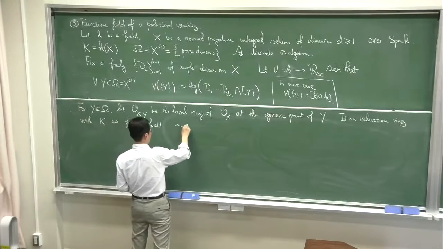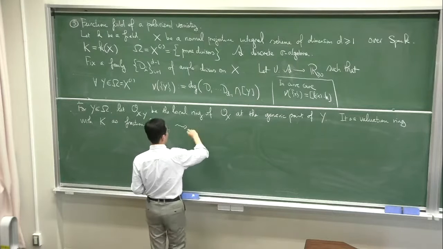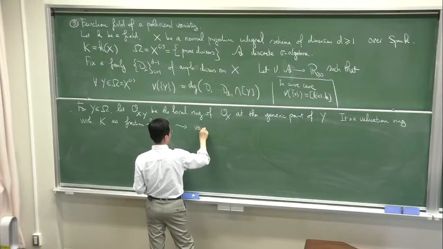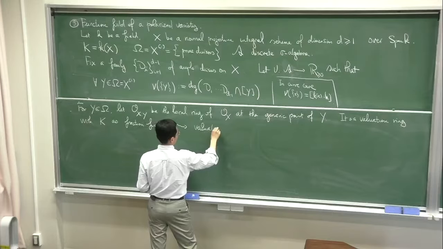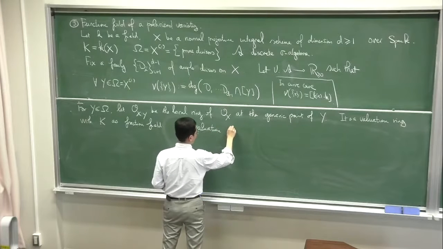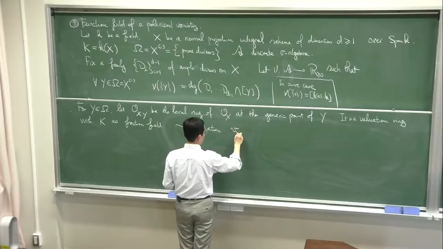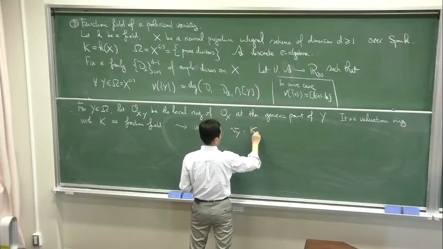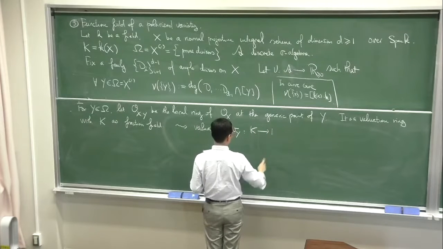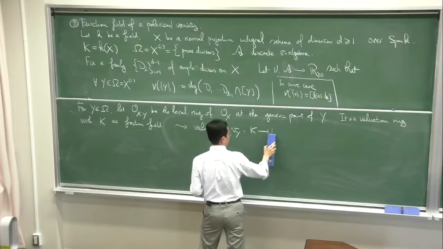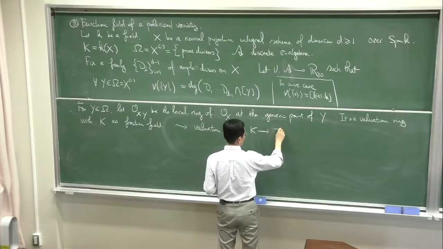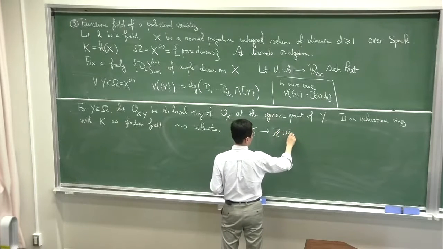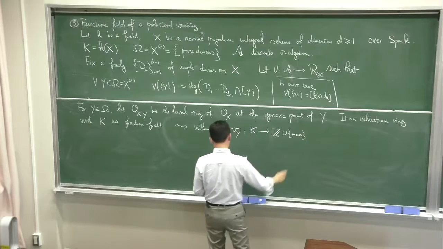So it will give you some valuation, which I write as v_y from K to R union plus infinity.